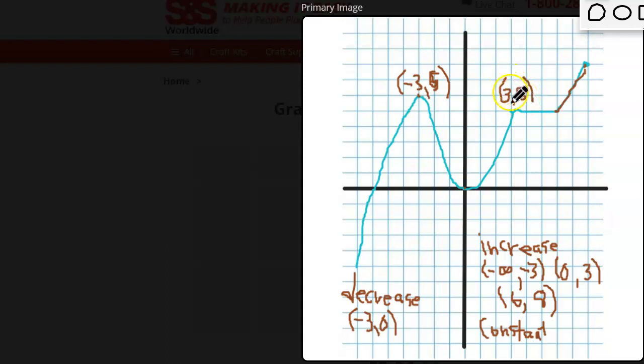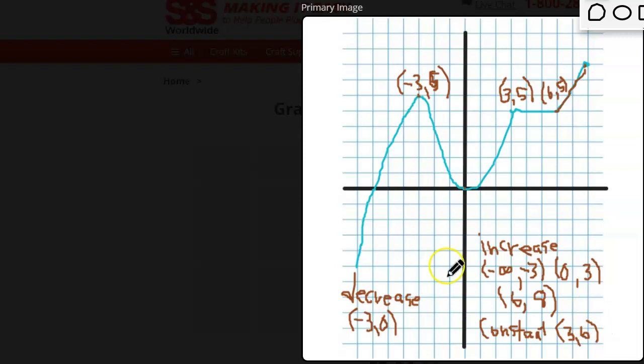It starts right here at the 3, and it goes right here to 6. This point is 6, 5. So from 3 to 6, x values only for intervals where it is constant. Notice that in all of these, increasing, decreasing, and constant, we did not put y values in those parentheses.